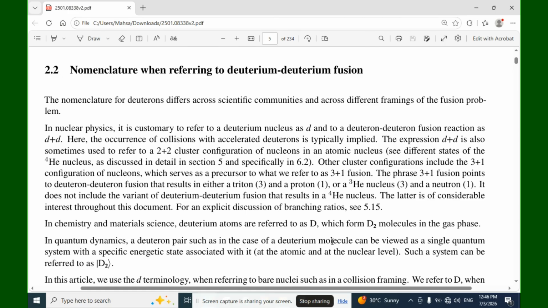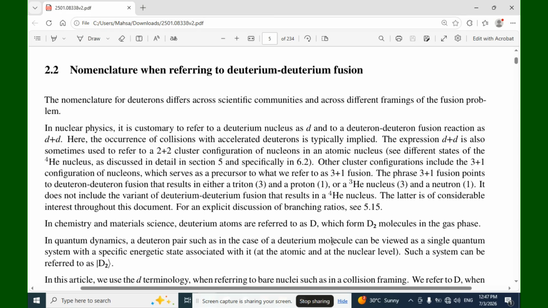The expression deuterium plus deuterium is also sometimes used to refer to a 2 plus 2 cluster configuration of nucleons in an atomic nucleus. See different states of the helium-4 nucleus as discussed in detail in section 4.5 and specifically in section 6.2. Other cluster configurations include the 3 plus 1 configuration of nucleons, which serves as a precursor to what we refer to as 3 plus 1 fusion.